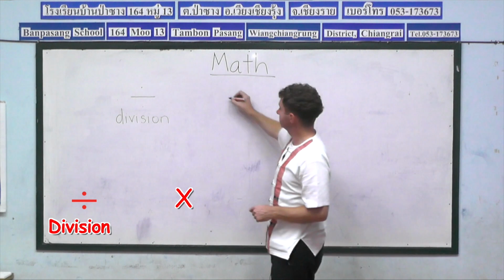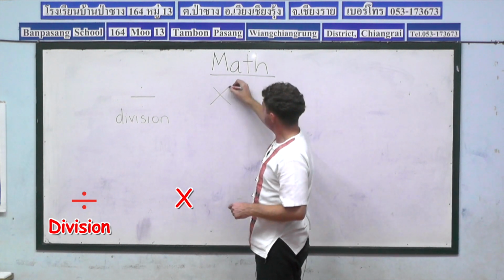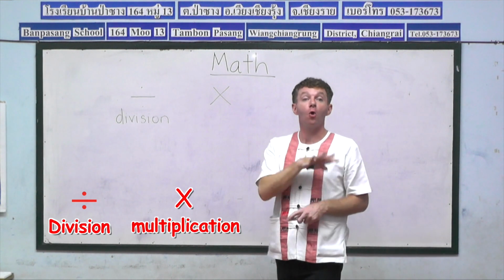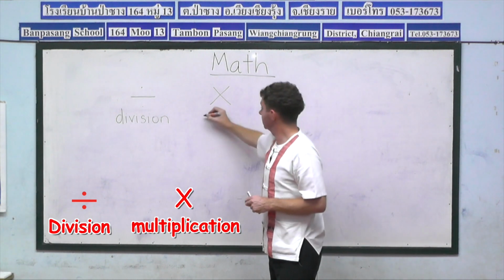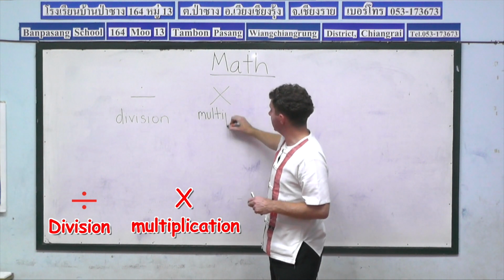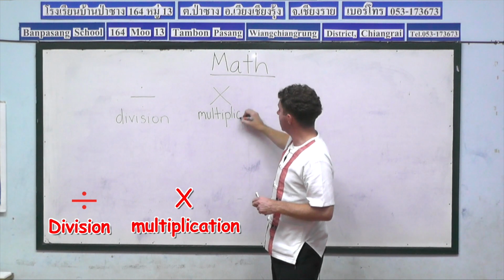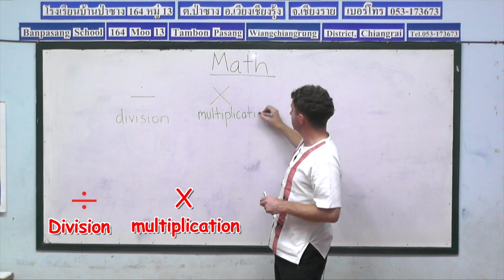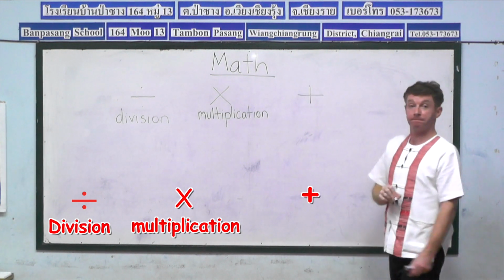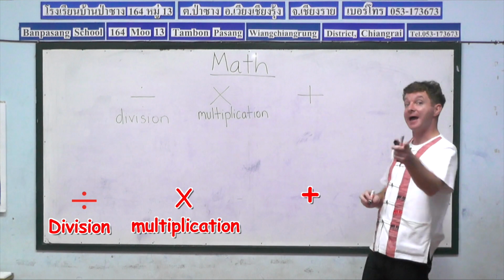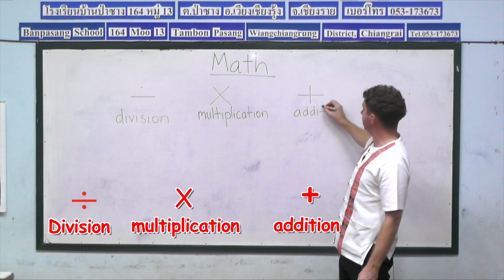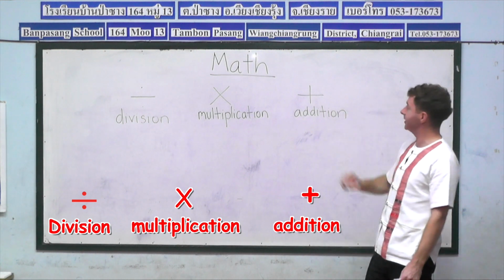And then, what about this symbol? Multiply, or multiplication, M-U-L-T-I-P-L-I-C-A-T-I-O-N. And we can also use this symbol: plus, or addition, A-D-D-I-T-I-O-N.